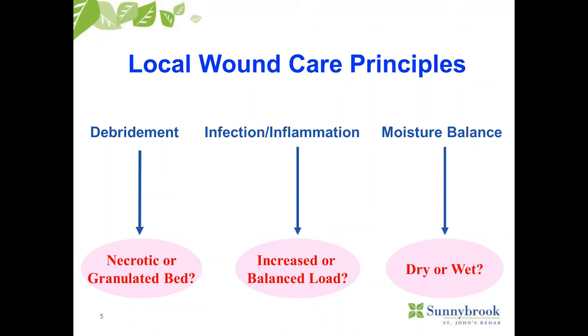And finally, moisture balance. Is there exudate? Is it a dry wound? Is there a lot of exudate and it's very wet? How you're going to deal with this is through your dressings. You want a little bit of moisture. You don't want it dry unless it's a non-healable wound, and you don't want it soaking.